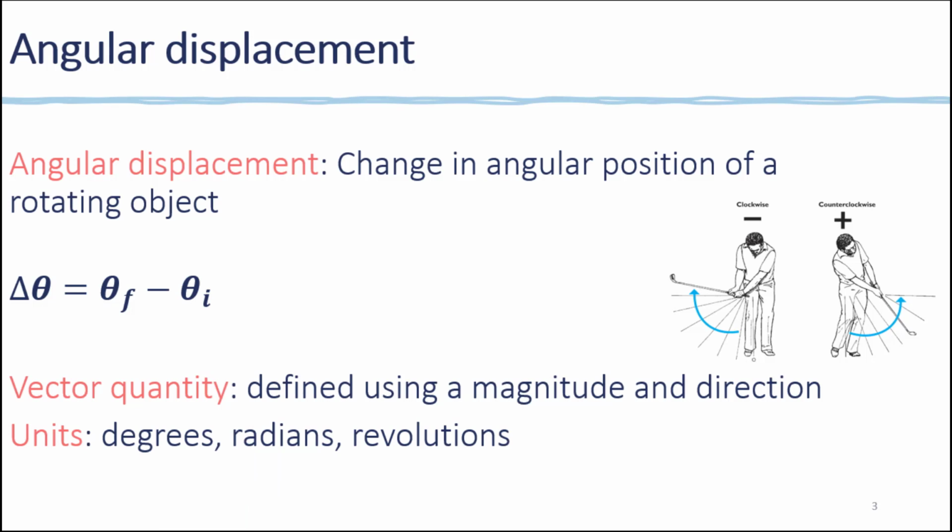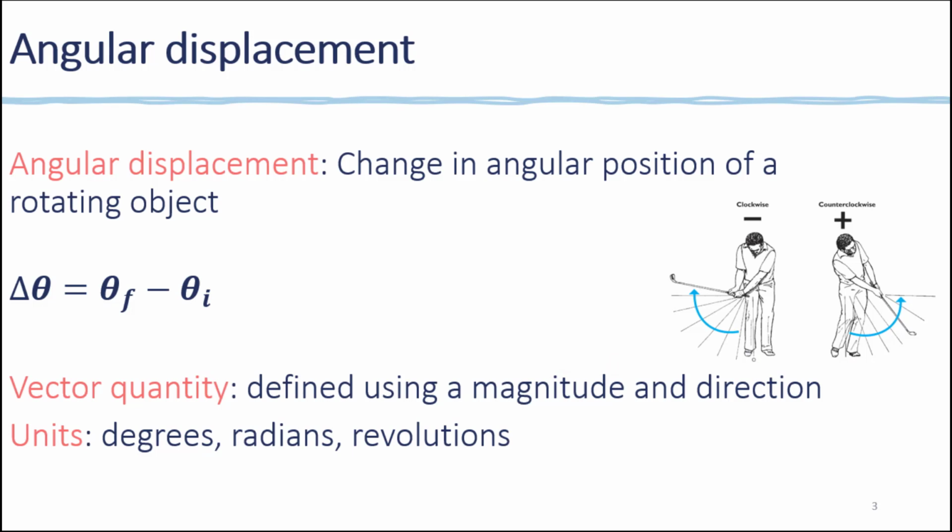Angular displacement is defined as a change in angular position of a rotating object. And this formula is the same as it was for linear displacement, where your displacement is equal to your final position minus your initial position. But now the final and initial positions are angles. An angular displacement is a vector quantity.